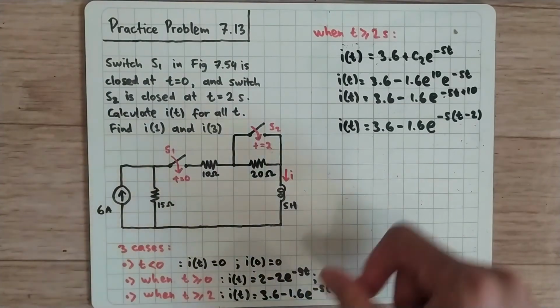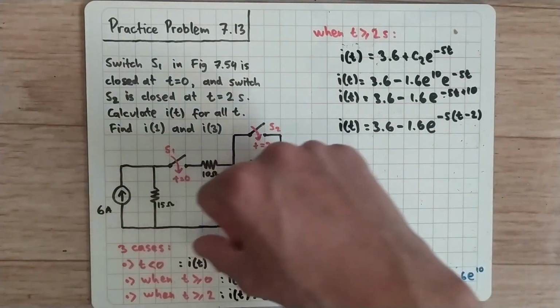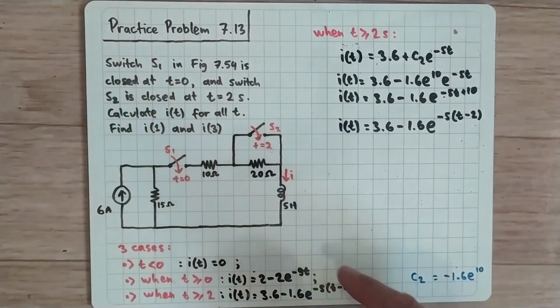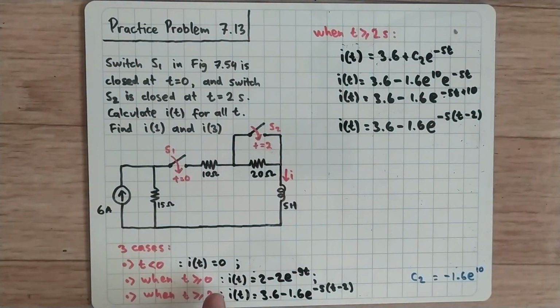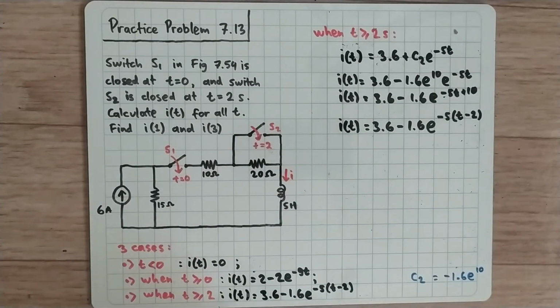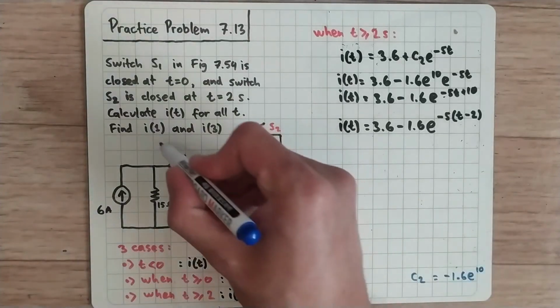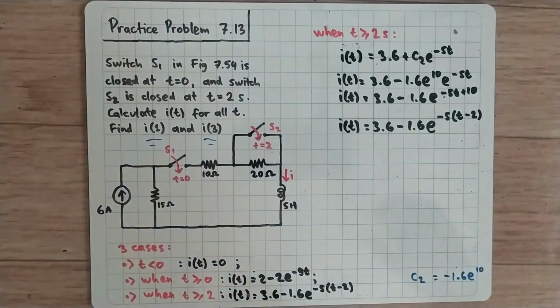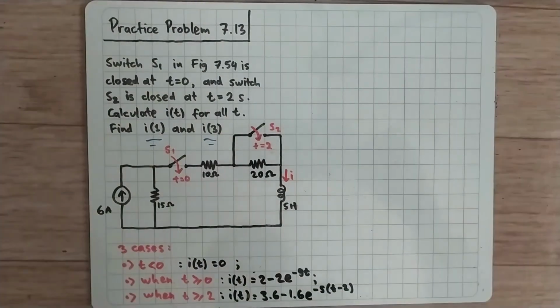So this is the 3 cases. So when t is less than 0, it will be equal to 0. And this is when t is greater than or equal to 0, and when t is greater than or equal to 2. So this is the 3 cases. But we still need to find this I1 and I3. Okay, let's do that. So let's erase this and continue.